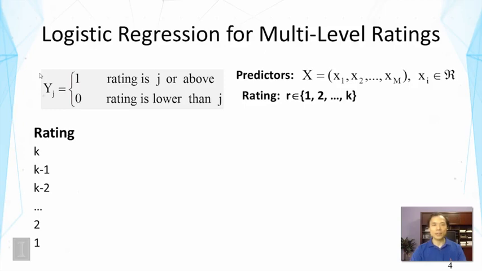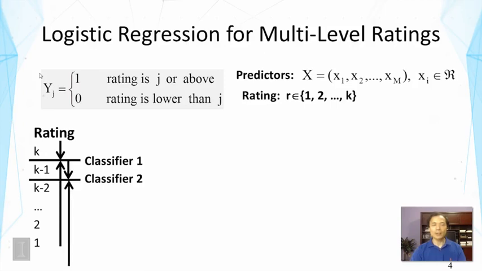So basically, if we want to predict a rating in the range of 1 through k, we first have one classifier to distinguish k versus others, and that's our classifier 1. And then we're going to have another classifier to distinguish k minus 1 from the rest. Well, that's classifier 2. And in the end, we need a classifier to distinguish 2 and 1. So altogether, we'll have k minus 1 classifiers.